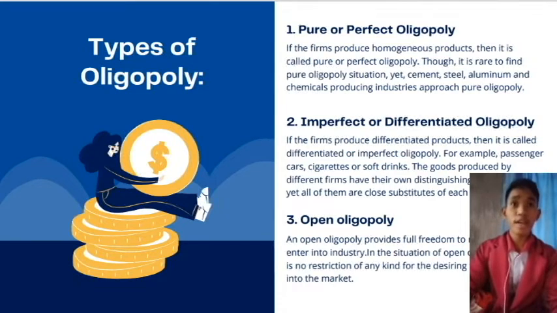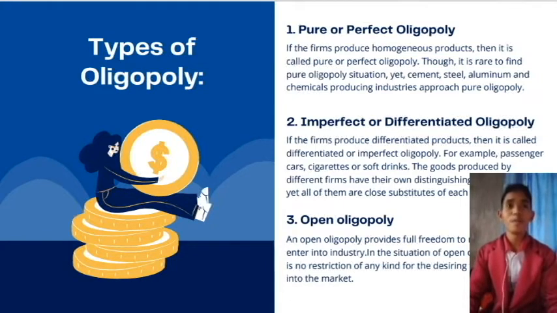It's rare to find a pure oligopoly situation. Examples are the cement, steel, aluminum, and chemical producing industries. The second is imperfect or differentiated oligopoly. This is the opposite of the pure. This is imperfect: the firms produce a different product.